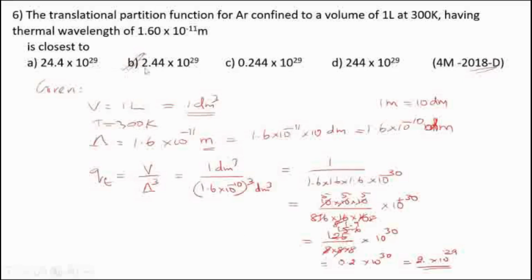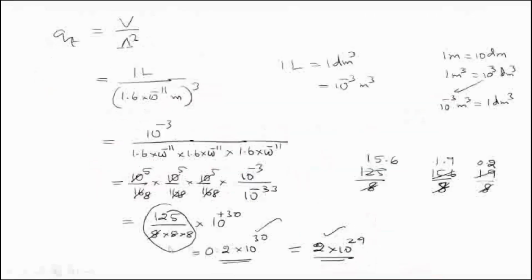So the correct option should be option B. Students, are you able to follow this? நமக்கு ஆப்ஷன் வந்து 10 power 30 வந்தா 0.2 வரணும், 10 power 29 வந்தா 2 point something வரணும். நான் இங்க ரஃபா தான் போட்டிருக்கேன். ஓகே, நாங்க ஃபுல்லா டிவைட் பண்ணல. So ஃபுல்லா டிவைட் பண்ணா 2.44 something will get. So the correct option for this question is option B.